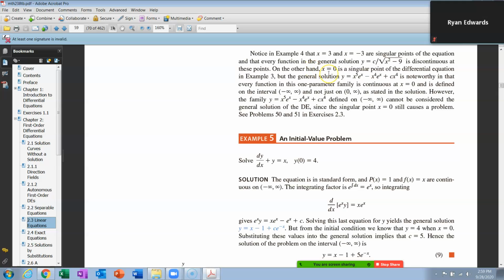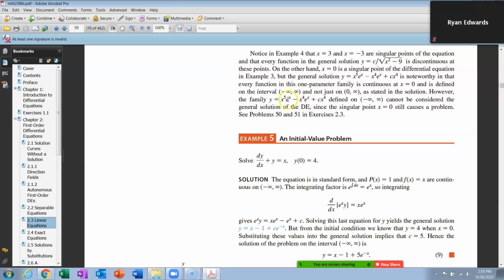It says, and back in example 3, which we did last time, we see x equals 0 is a singular point of the differential equation, but the general solution is noteworthy. This is of the previous one, in that every function in this one parameter family, c is the parameter, is continuous at x equals 0 and is defined on the interval from minus infinity to infinity, not just 0 to infinity, as stated in the solution.